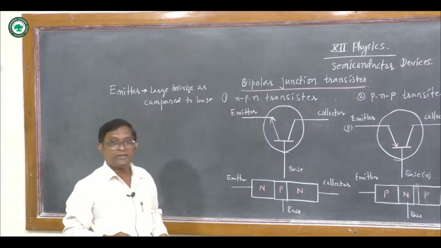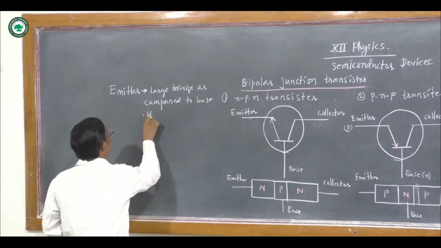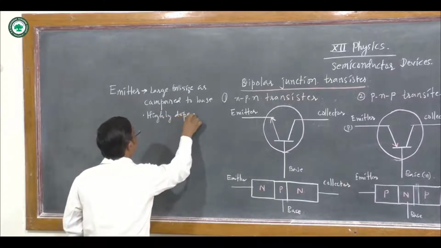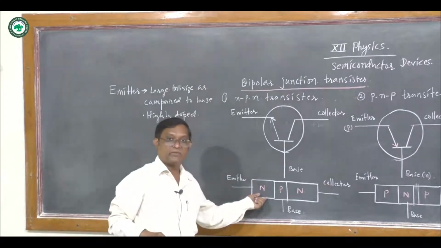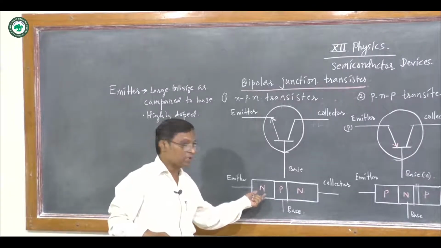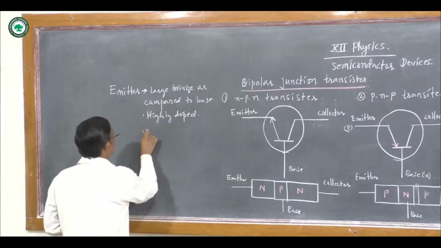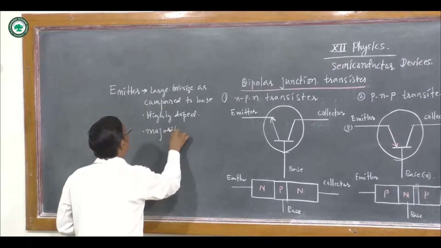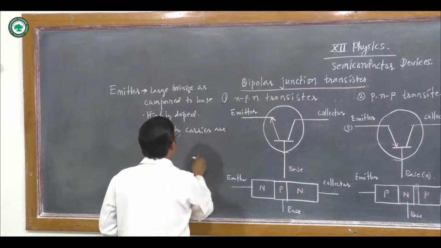This emitter is highly doped. This is the N-type semiconductor material, and it is highly doped. That means the majority carriers in this region are maximum.